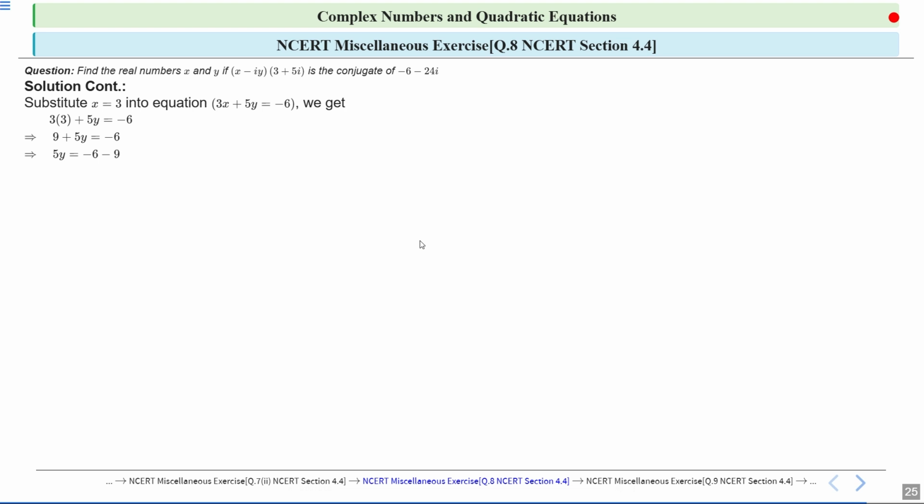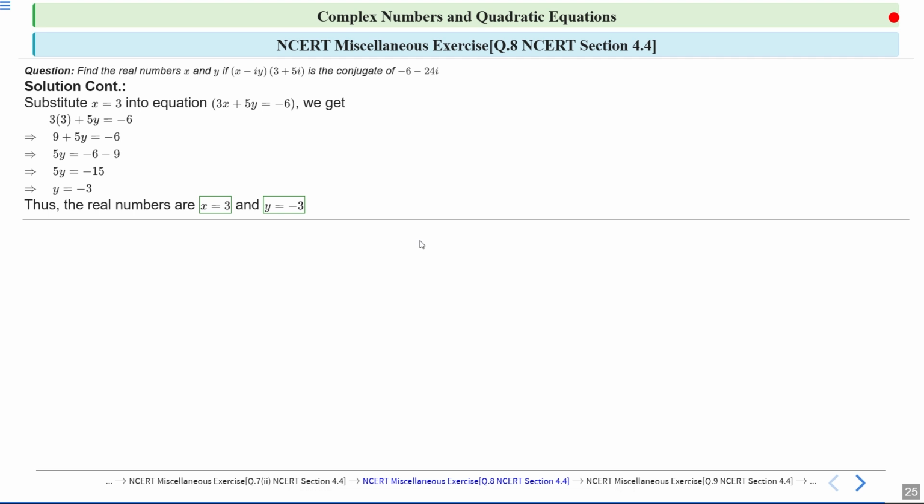Next we want to isolate the term with y. So we subtract 9 from both sides, giving us 5y equals minus 6 minus 9. It implies 5 times y equals minus 15. It implies y equals minus 3. Thus, the real numbers are x equals 3 and y equals minus 3.